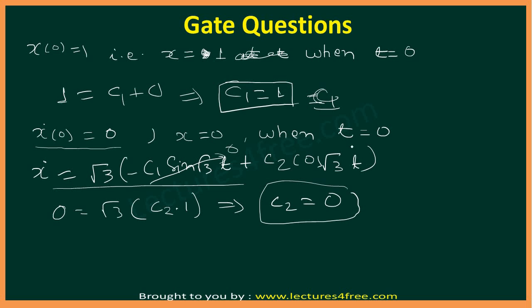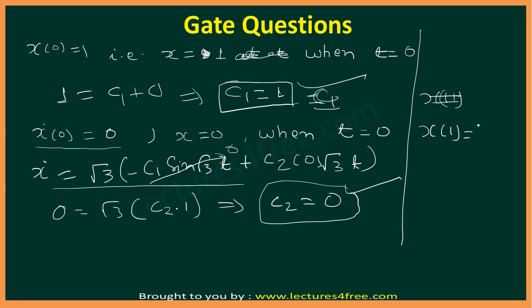Now you got the value of c1 and the value of c2. And you have to calculate the value of x1, which means we have to calculate the value of x when t is equal to 1.